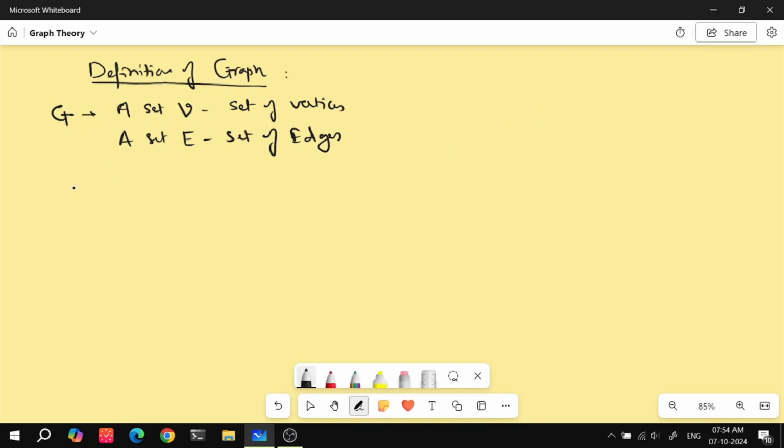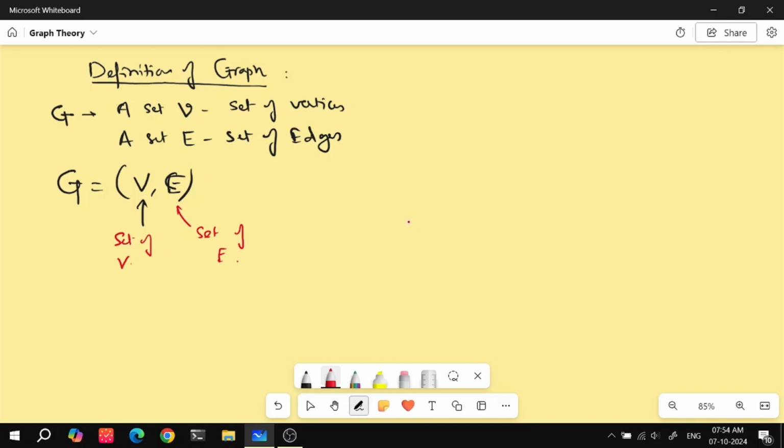The representation of a graph can be done as G is equal to (V, E). Just now we saw the meaning: V is the set of vertices, E is the set of edges.